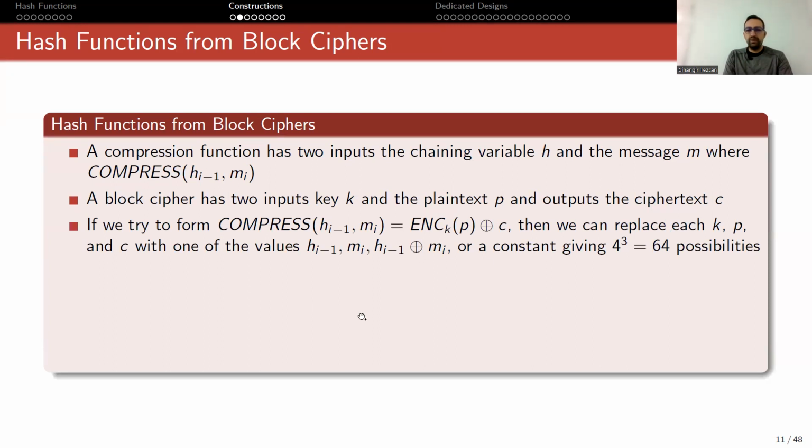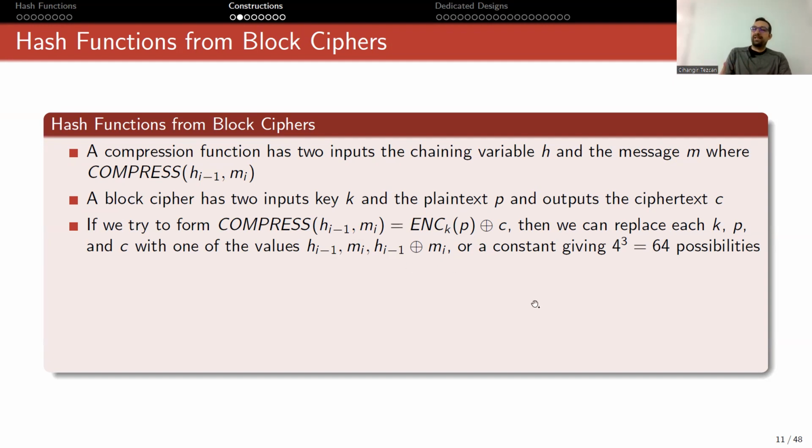So if we try to form a compression function like this, you have the plaintext, encryption algorithm, secret key, ciphertext, and chaining values, and so on. Then we can replace each of k, p, and c with one of the values: h_{i-1}, m_i, their XOR, and so on.